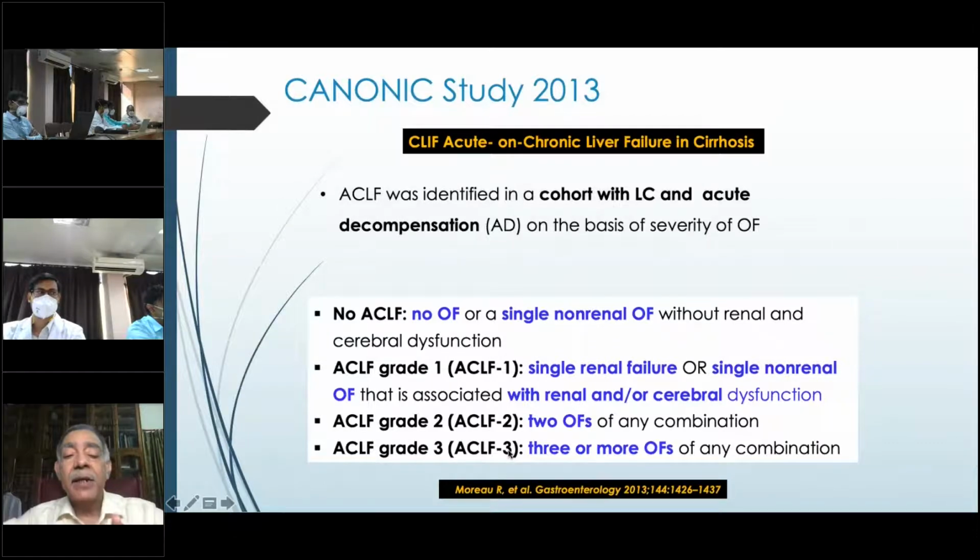Grade 3 has recently been classified as 3A and 3B, with 4 to 6 organ failures being the most severe form, or ACLF grade 3B.